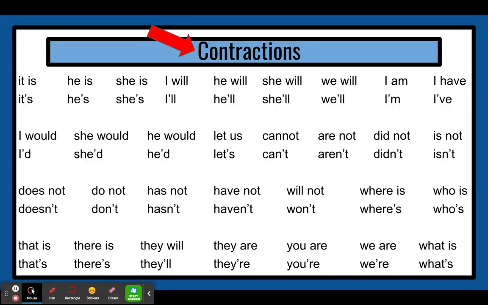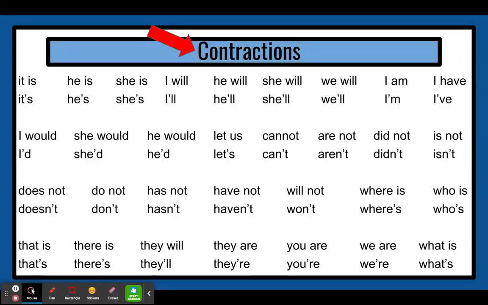Who is becomes who's. Okay, let's read just the contraction line. Doesn't, don't, hasn't, haven't, won't, where's, who's.